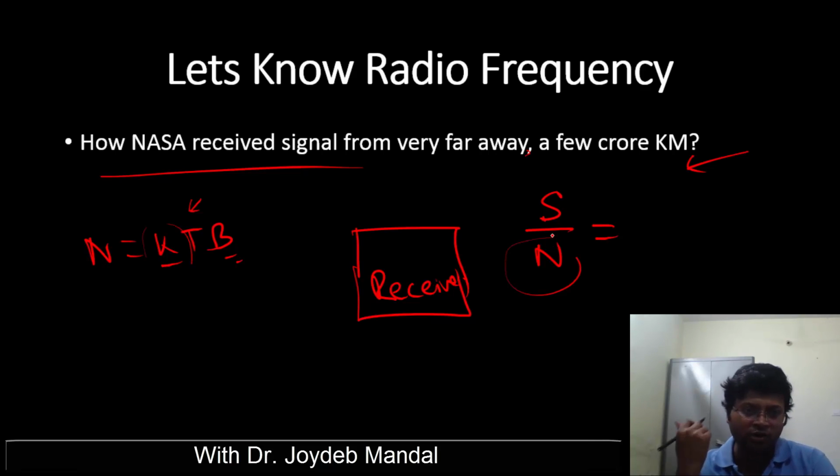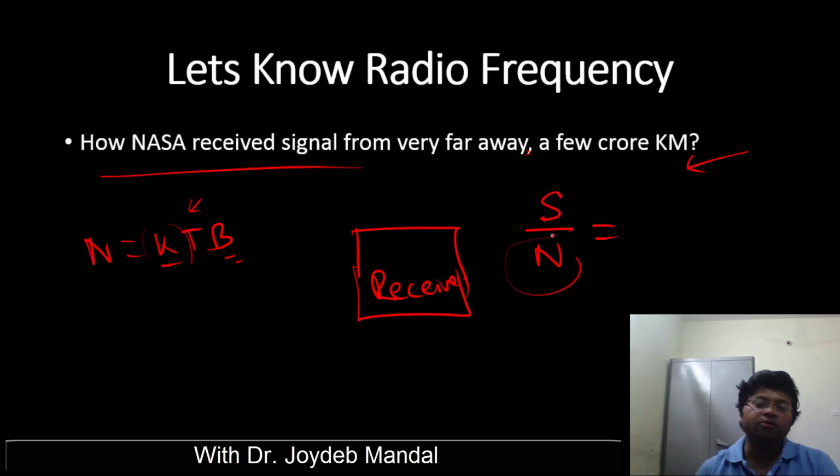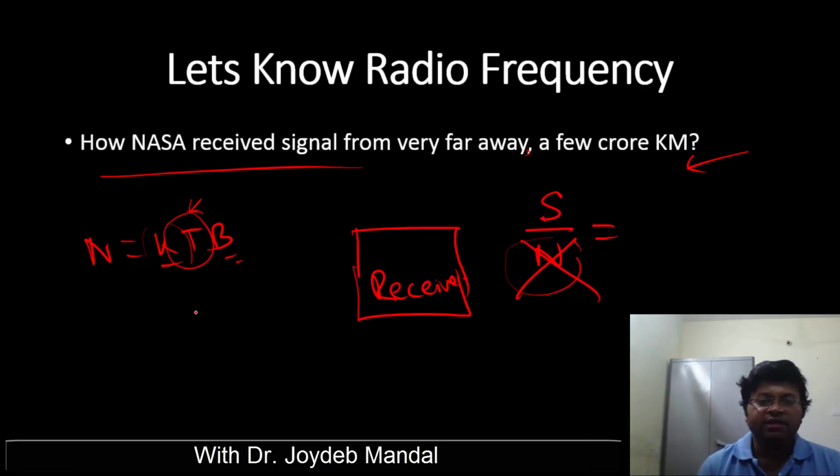We have full control of the amplifier, we can increase any signal to any amplitude. So a 1 picovolt signal we can amplify to 1 watt, even 1 kilowatt. There will be no issue, but we have to first remove this term. How will we remove it? It is not an easy job. If anyhow I make this T 0 Kelvin, then what happens?